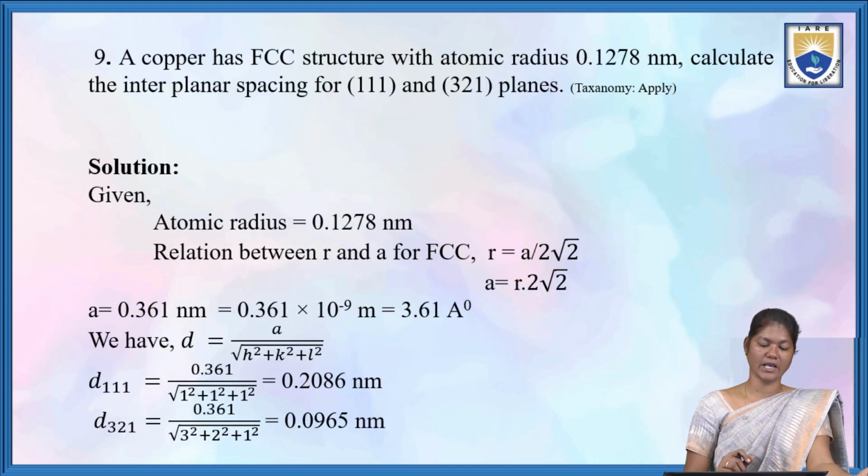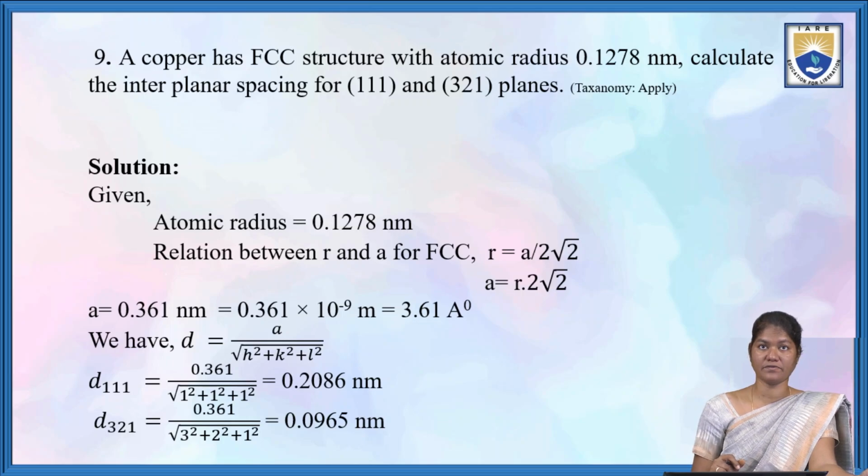Then another one: copper has an FCC structure with atomic radius 0.1278 nanometers. Calculate the interplanar spacing for 111 and 321 planes.